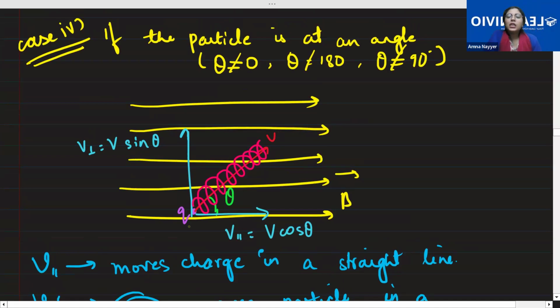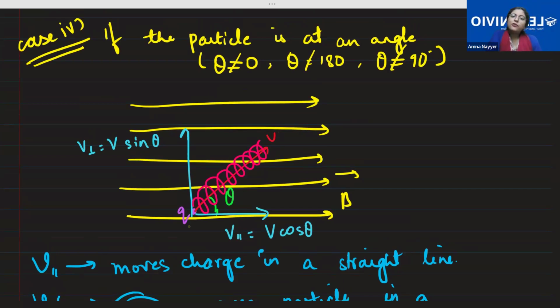See, if the charged particle is at any angle apart from 0 degree or 180 degree or 90 degree, it means it is at a random angle in the magnetic field. So what we'll do, we'll resolve it into two components. Because this is making some angle theta with the magnetic field, we'll resolve it into two components. The one which is adjacent to the axis will be obviously our cosine component, that is V parallel is V cos theta.